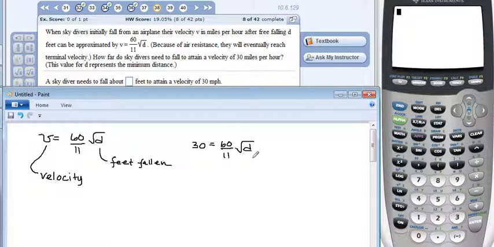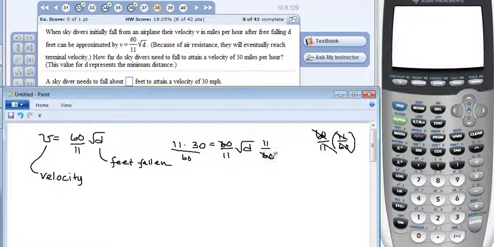All right. Now, we have to solve for d, so I'm going to get rid of this 60/11ths by multiplying by the reciprocal. Look what happens when I multiply by the reciprocal. 60 is gone, 11s are gone. So if I do that on this side, I have to do it on this side.